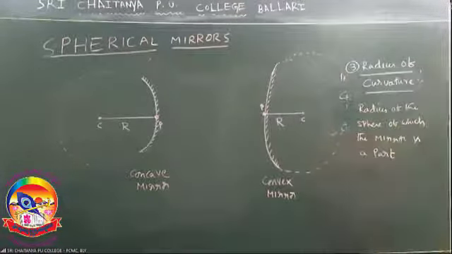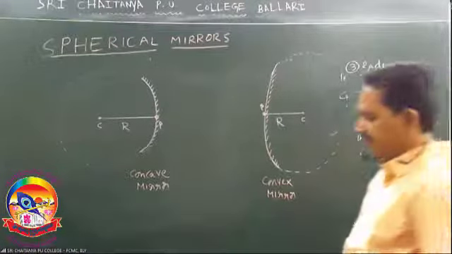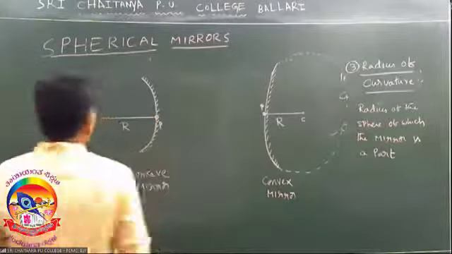From where to where we will take? From P to C, where P is the pole of the mirror, C is the center of curvature.